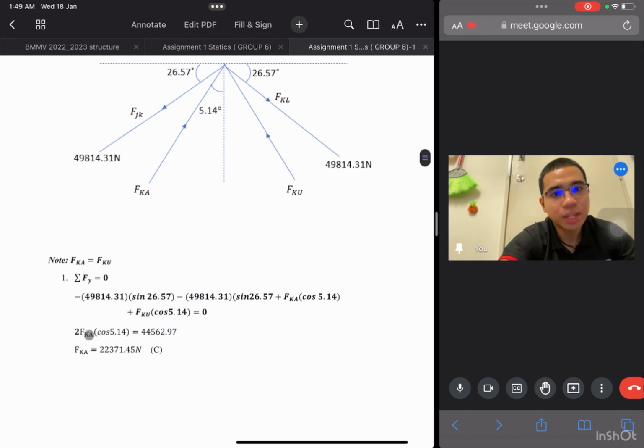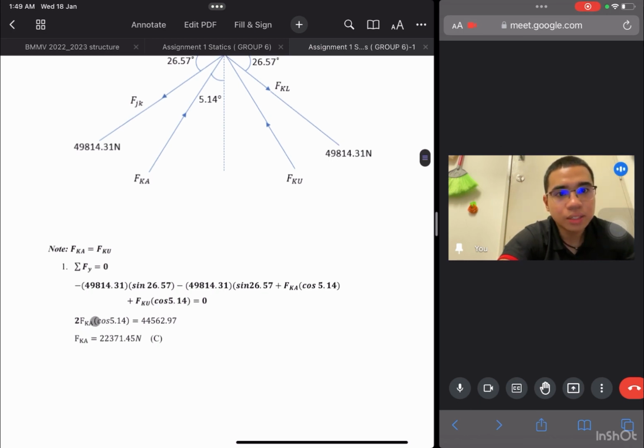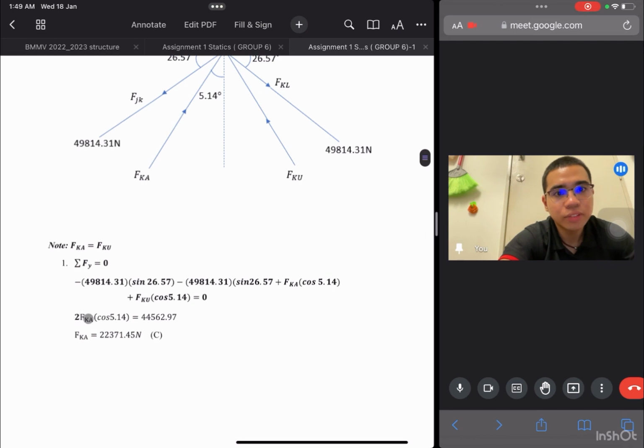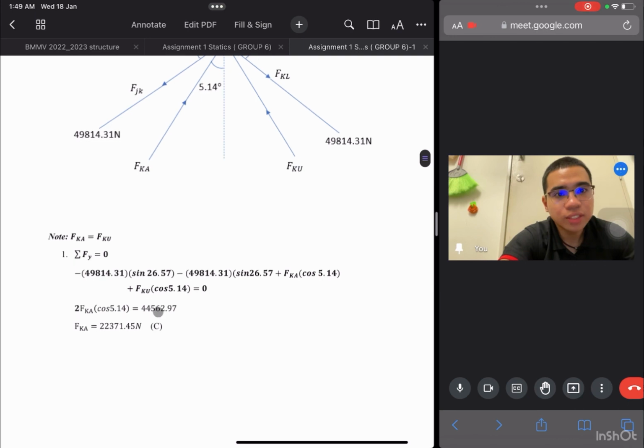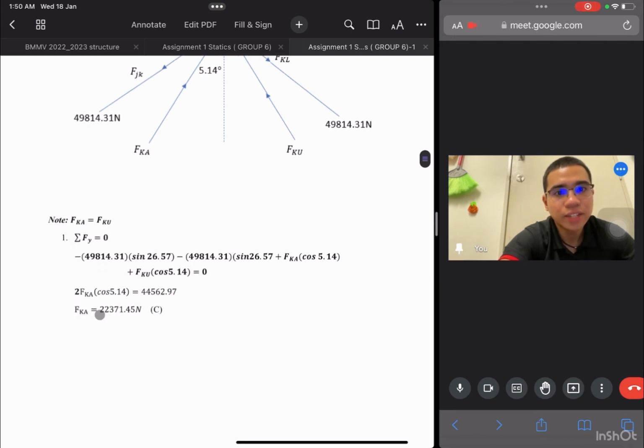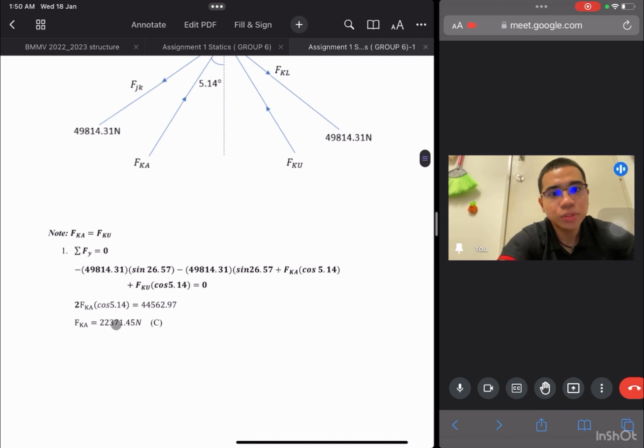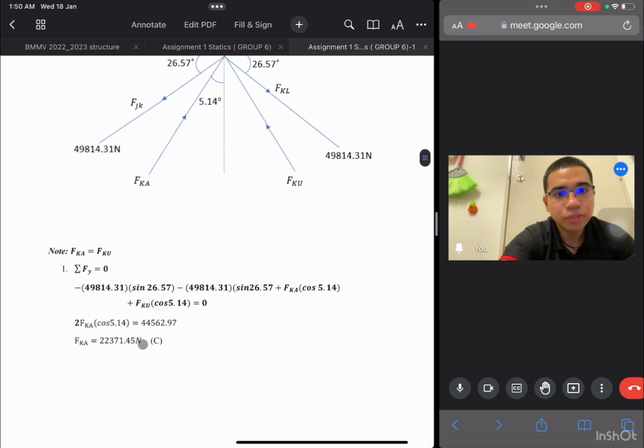So we can find by assuming that FKA equal to FKU, 2 FKA multiplied by cos 5.15 equal to 44,562.97. So I will get that FKA is actually 22,371.45.